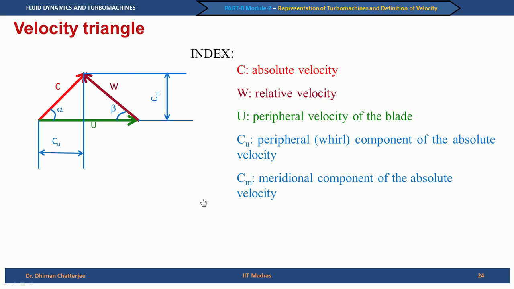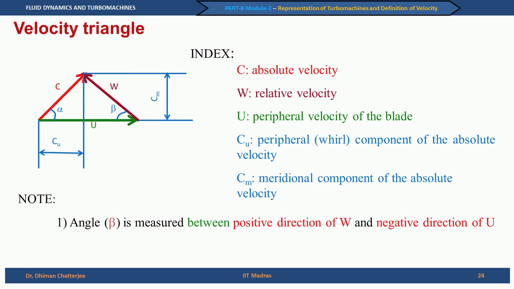The angles alpha and beta need to be considered in a careful way. In these lectures we will take angle beta, which is measured between the positive direction of w and the negative direction of u. These are all vectors, so the arrow shows the positive direction and the reverse will be the negative direction.